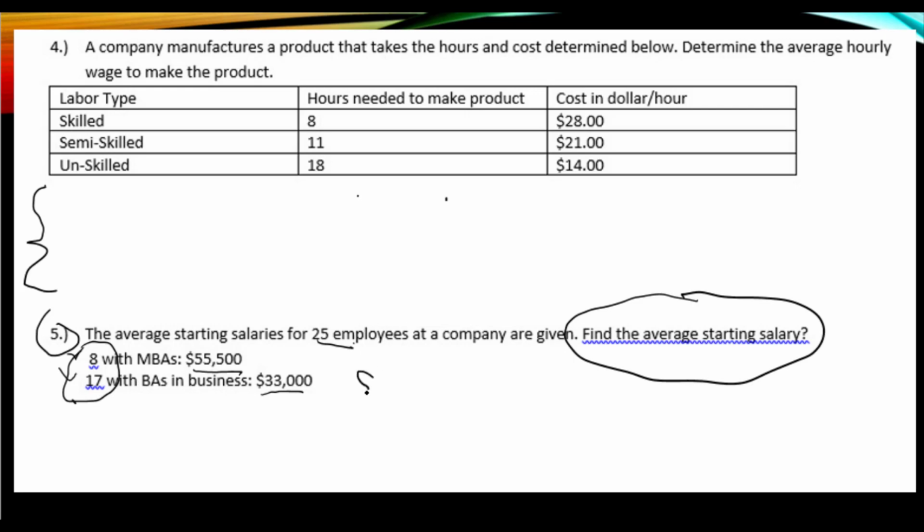So we have 8 people times 55,500. That's their salary, plus the weight, which is now 17 times 33,000, divided by 25.